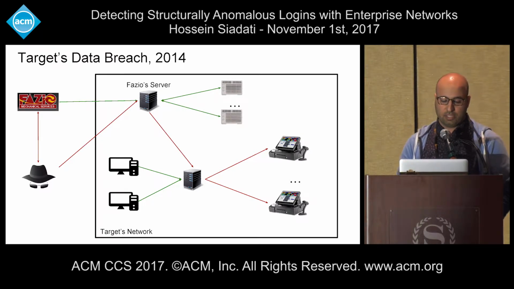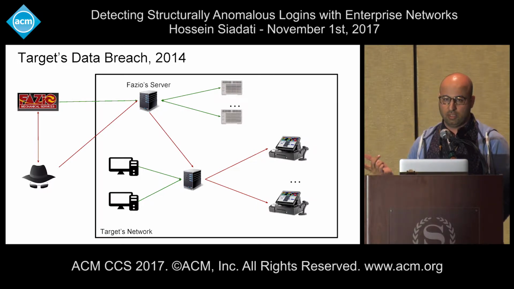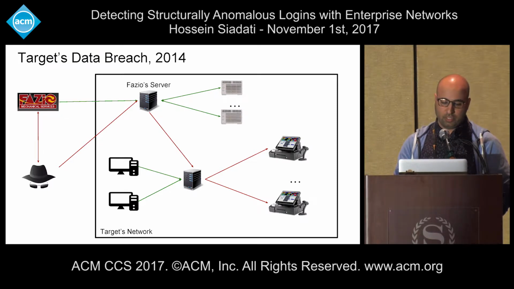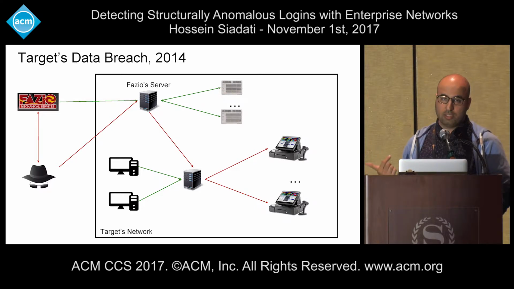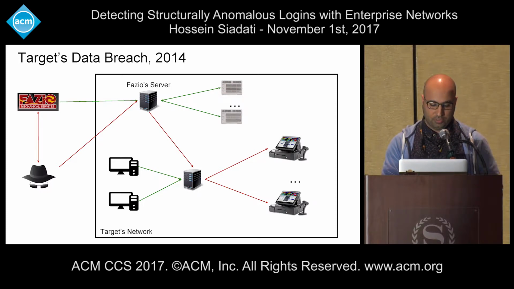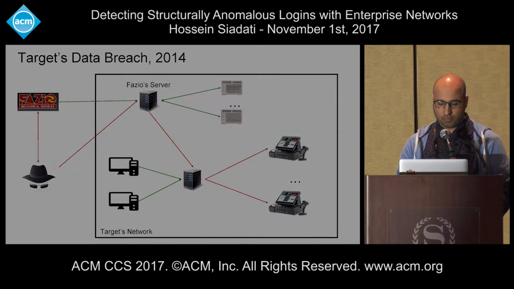When the attacker stole the credential from Fazio, they used it to log in to the server hosted within Target's network. From there, they stole new credentials to pivot their attack to Target servers, and from there they pushed malware to point of sales, where they could read the information of 40 million credit cards as users swiped into these devices. So as you can see, this practice is kind of common. The same thing happened with JP Morgan Chase and some other big data breach incidents.